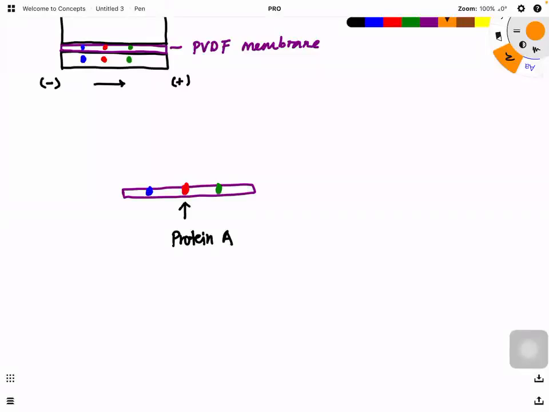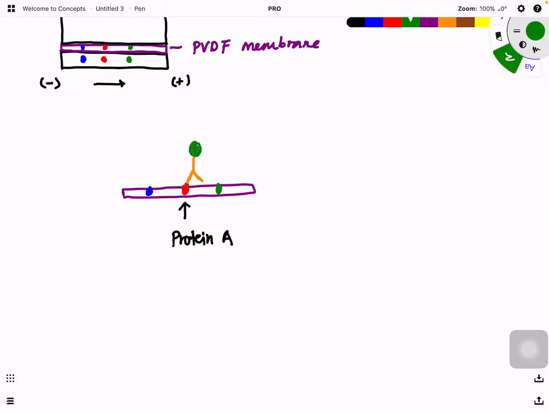So we have two ways. One, we just use a primary antibody. The primary antibody basically attaches directly to the target protein that we want. So this is a monoclonal antibody. This monoclonal antibody carries a label.